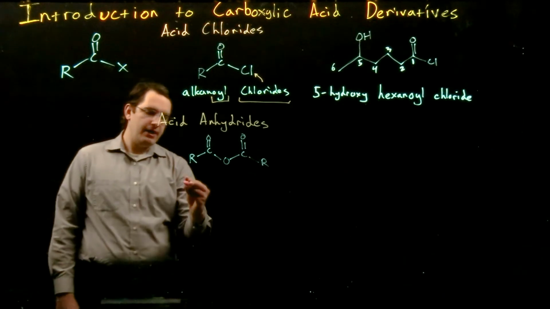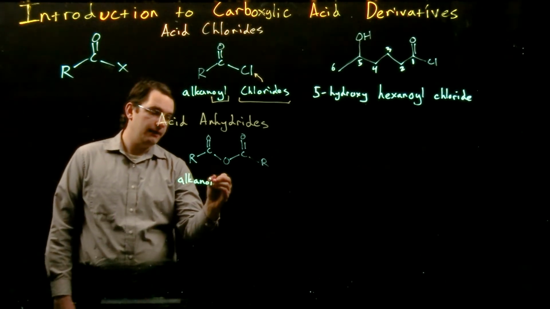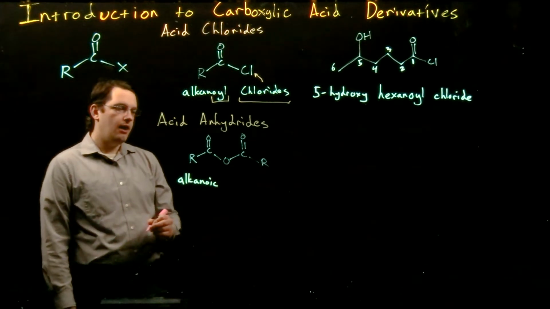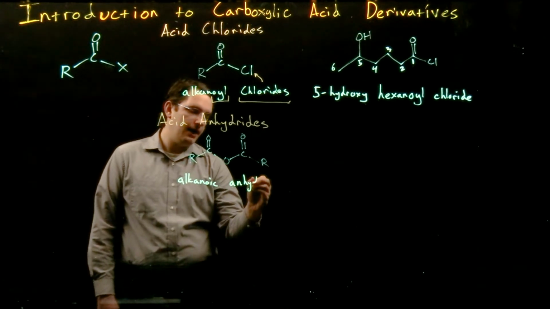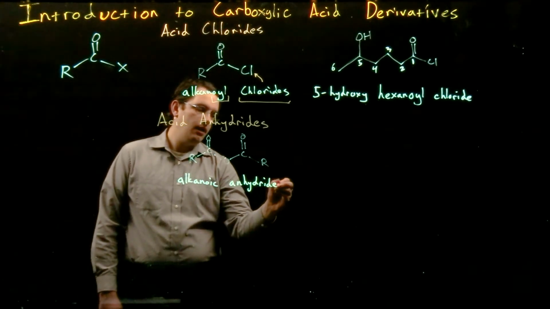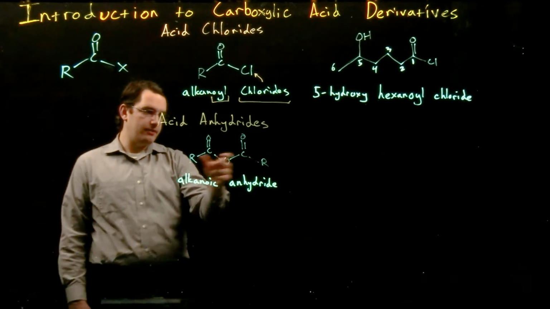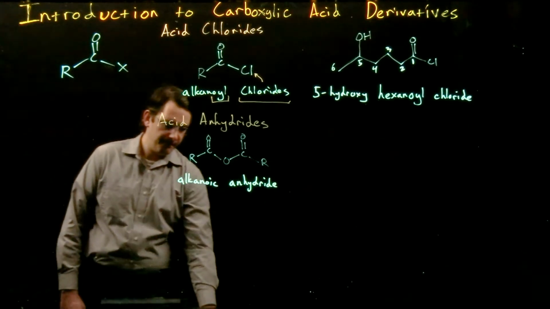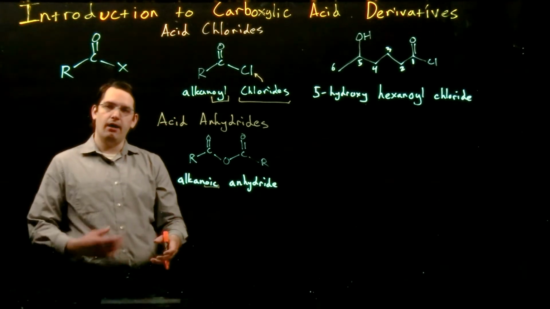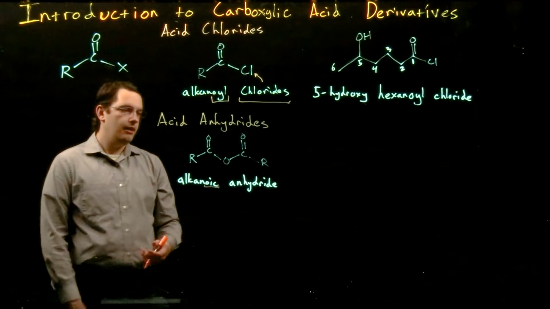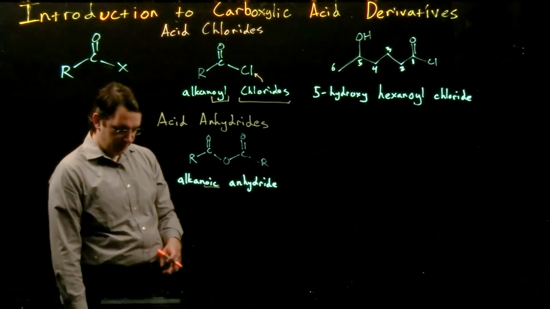Our acid anhydrides will be named as alkanoic, again using the oic ending of our carboxylic acids, but then with anhydride added at the end to indicate that we have our acid anhydride here with our two different carbonyls. So again, that oic ending is just indicating our oxygen here as usual with our carboxylic acid, and the anhydride indicates our specific functional group.